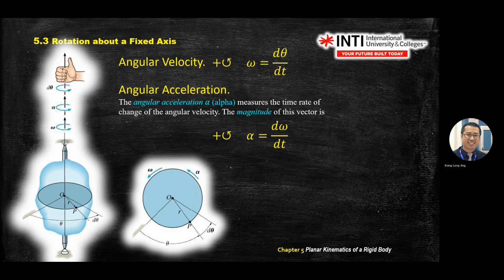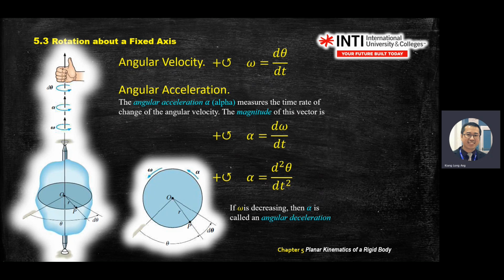So the unit is radian over second square. You can also differentiate theta twice, it becomes d square theta over dt square. Same as before, if your acceleration slows down, we call it deceleration, but you need to add the word angular.